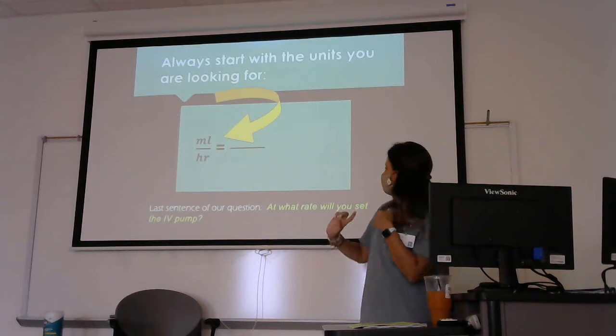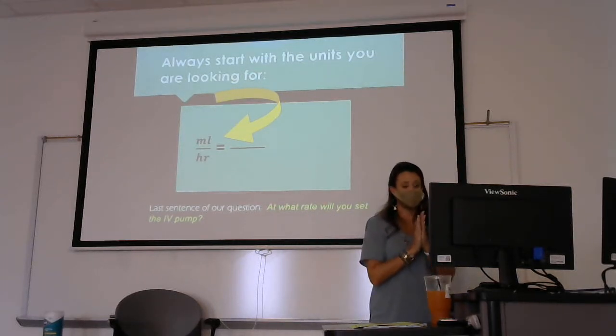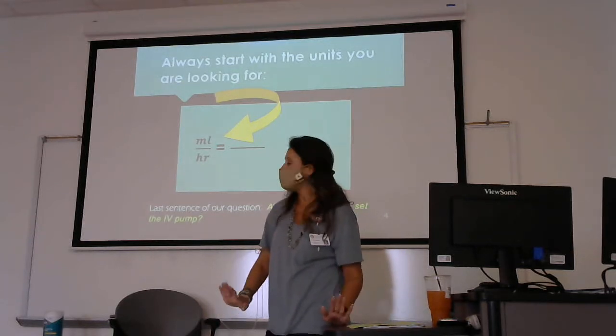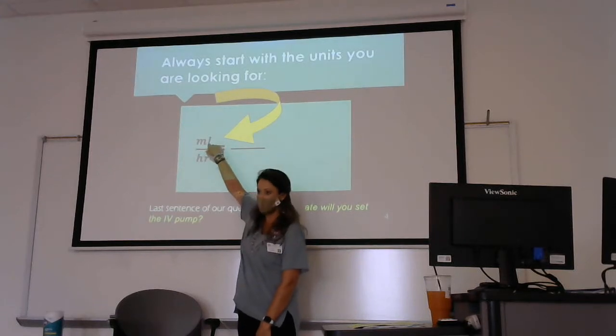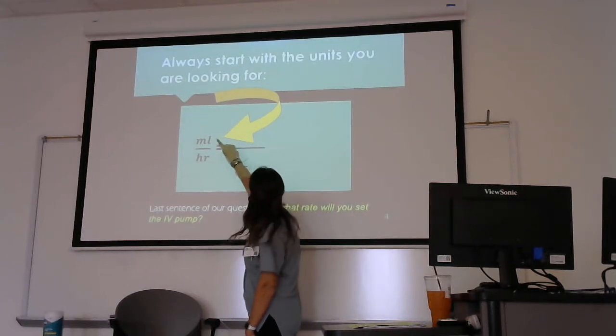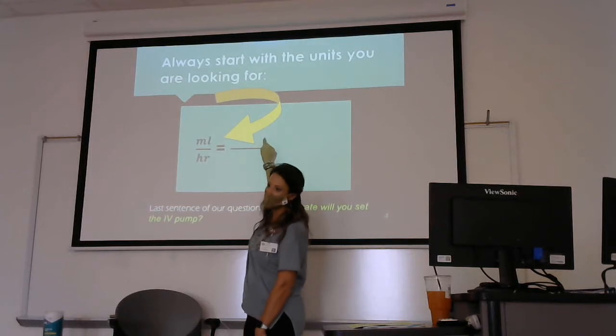Like we said, we're looking for milliliters per hour. And guess what? Step one after this is a given. I don't care if you have kittens up here. How many kittens am I looking for? It goes right here too. So if I got milliliters here, you have to put milliliters here.